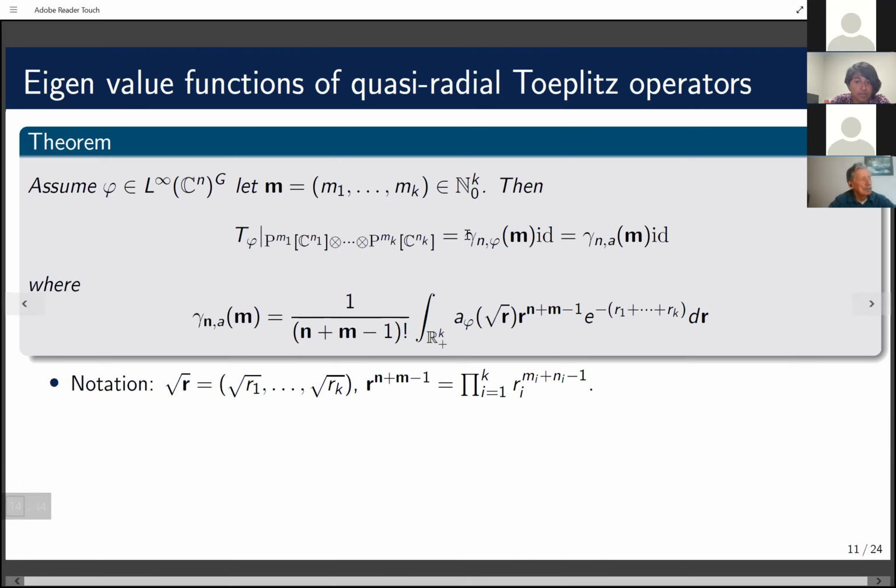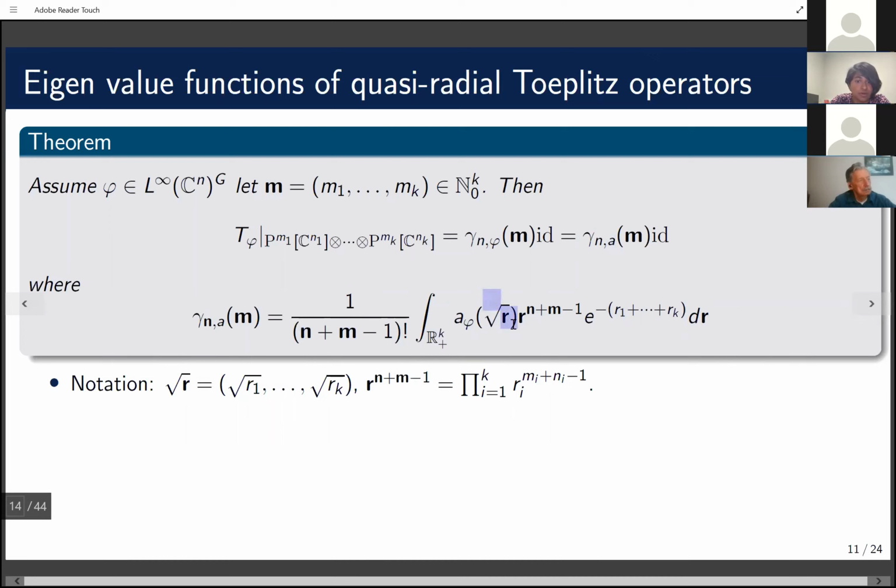So we can also identify the eigenvalue function with A, so instead of writing phi here, we can write A. Now the formula for the eigenvalue function is given by this. We have 1 over (n plus m minus 1) factorial. These are k-tuples. And here we have the symbol, which we identify by A.